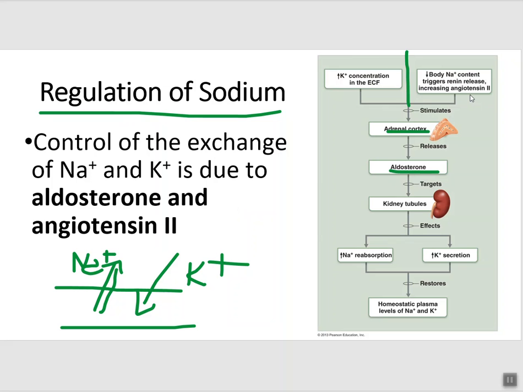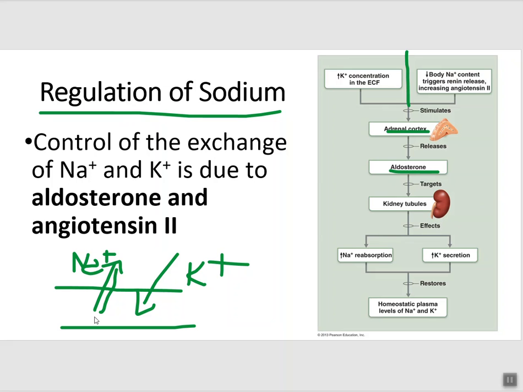Now, this is the part that we've kind of talked about. If your sodium levels are low, it's going to be detected by the macula densa, the juxtaglomerular apparatus. It's going to release renin, which is eventually going to turn into angiotensin II. Angiotensin II is going to do a lot of things, but one of them is to cause the adrenal cortex to release aldosterone.